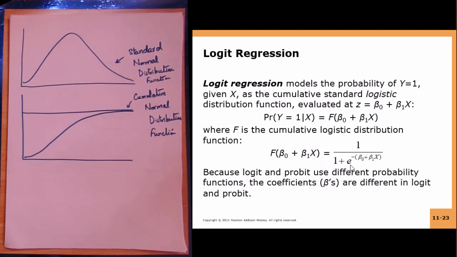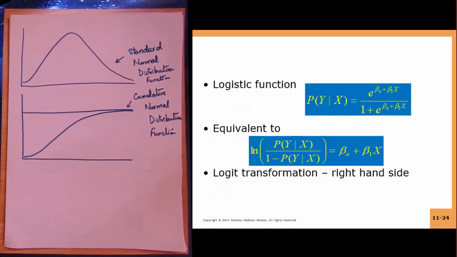It is defined as 1 divided by 1 plus e to the power of minus (beta 0 plus beta 1x). It is just another functional transformation, and it will have a similar S-shaped curve. Because logit and probit use different probability functions, if you use the same data to fit a probit or a logit function, you will get different values of beta 0 and beta 1, just because the functional forms themselves are different.